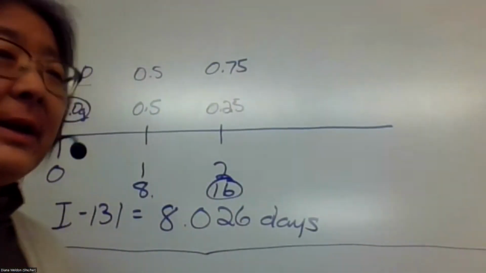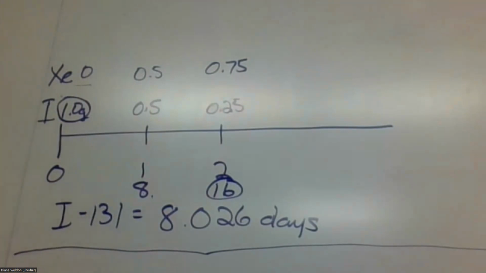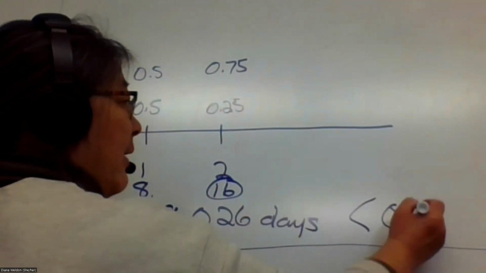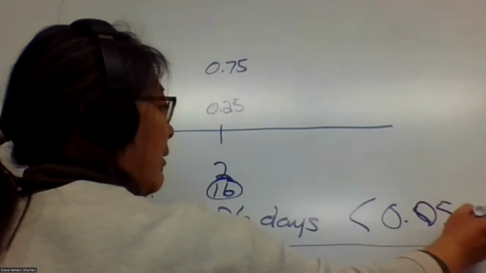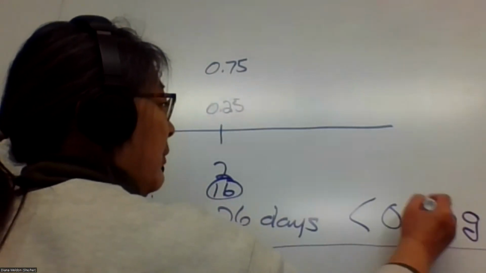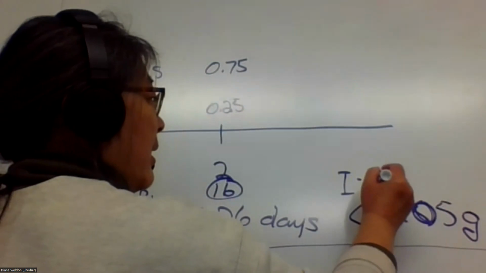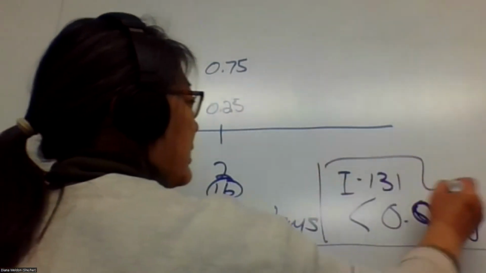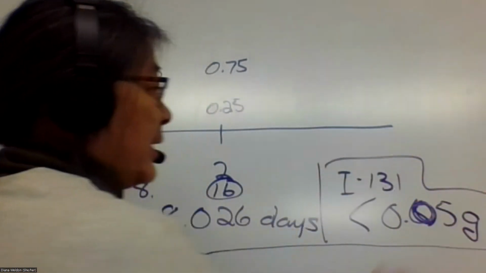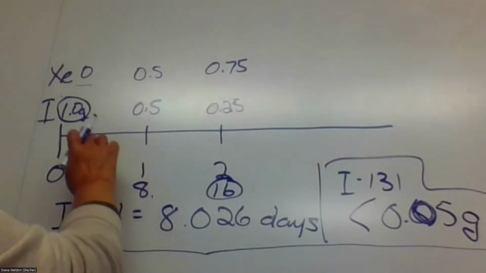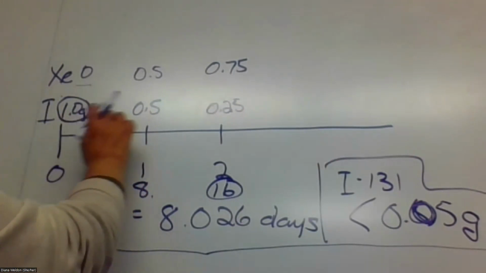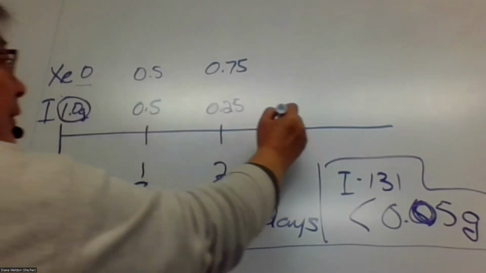The next question asks, how long would it take for you to essentially get to less than 0.05 grams if you started with 1 gram of iodine 131, right? That's the next question. All right, so we have 1 gram, 0.5, 0.25.